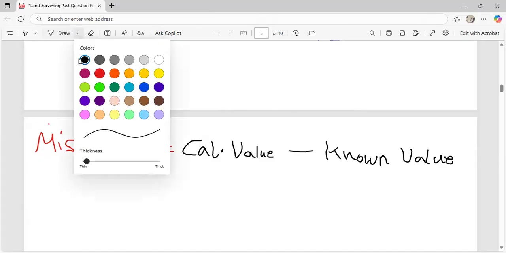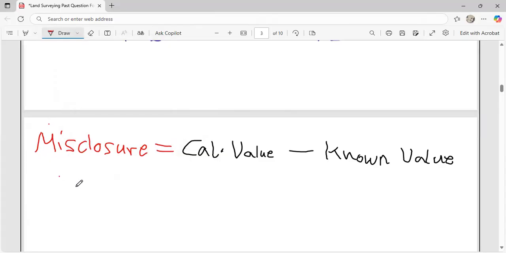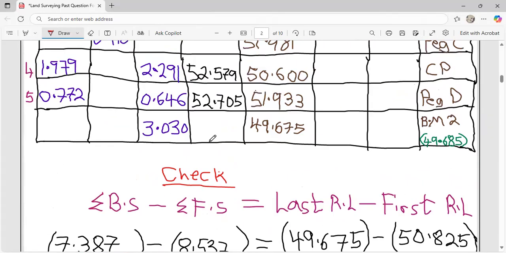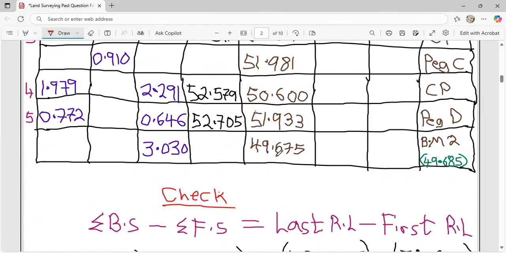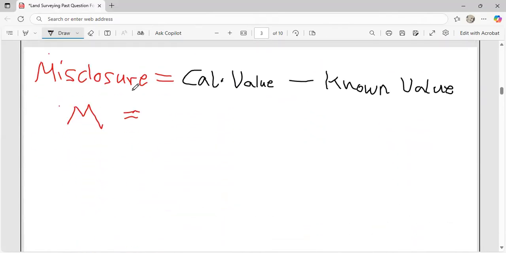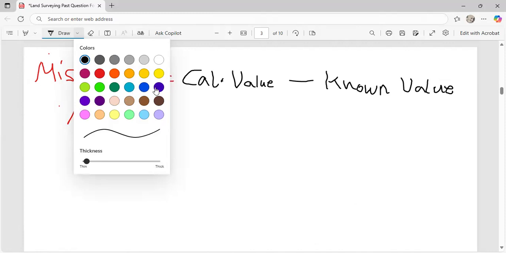Good. From the hot mass we know that the misclosure we are looking for is equal to what? The value we calculated for was 49.675. So let's quickly go and write that there to see the answer we are going to get at the end of the day.